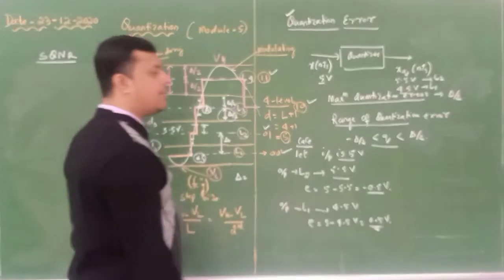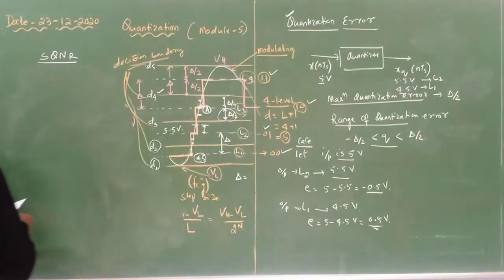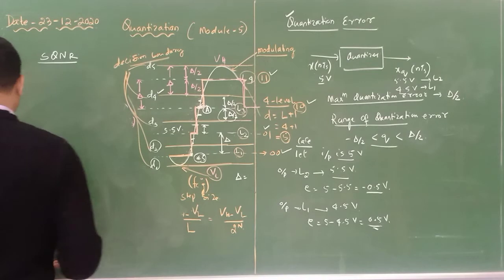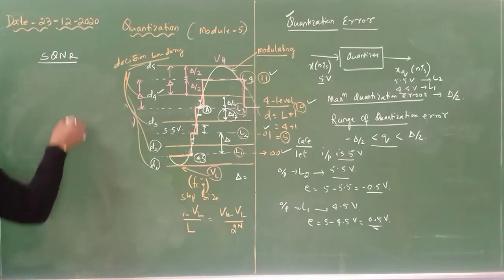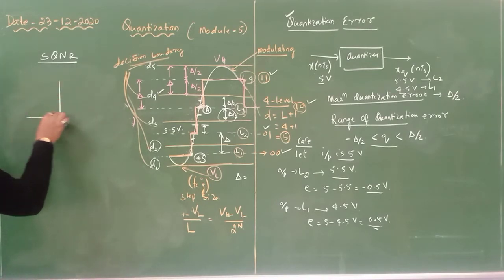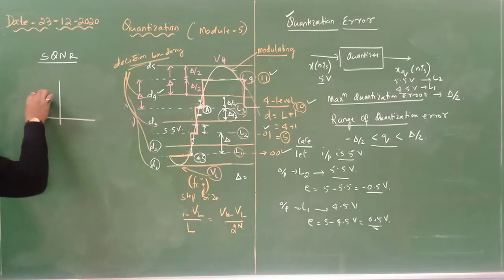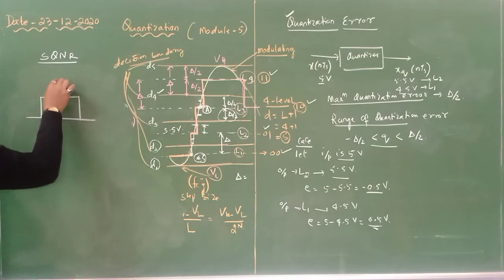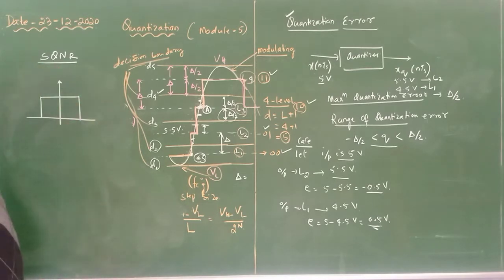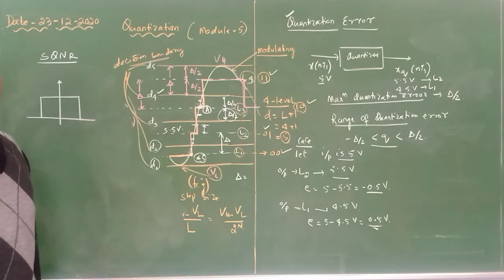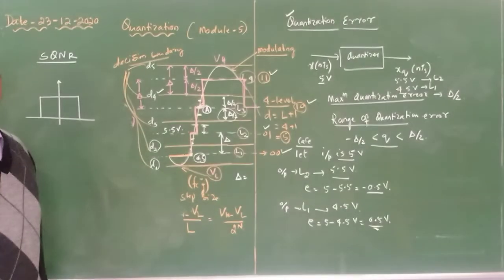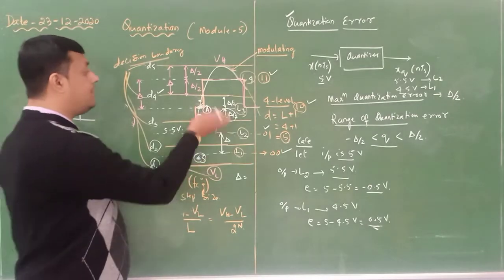Now we need to calculate SQNR. Just as we identify noise power with the help of power spectral density, similarly here we have to calculate with respect to the probability density function, because here probability will come into the picture.